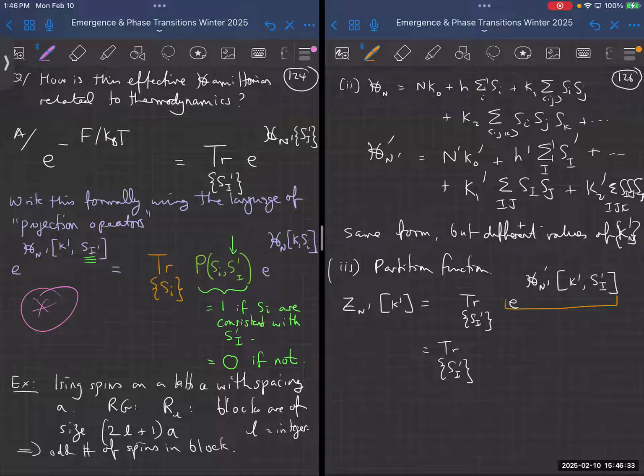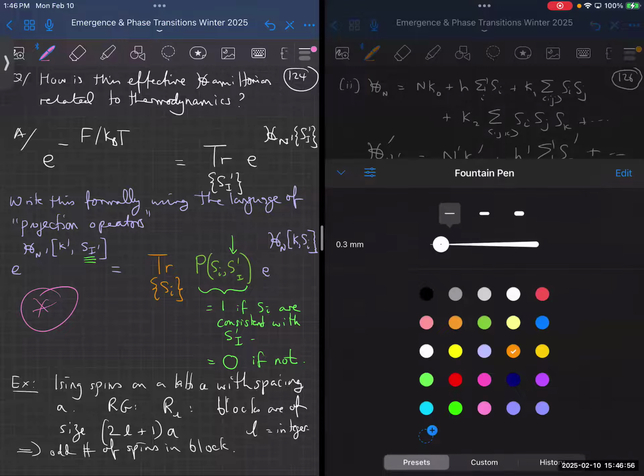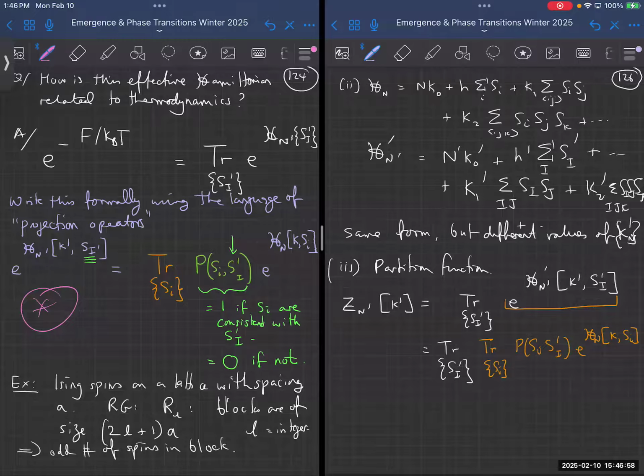So this then is the trace over the microscopic degrees of freedom s_i of P of s_i prime, e to the h n k s_i. So that's just writing in what we had on the previous page.